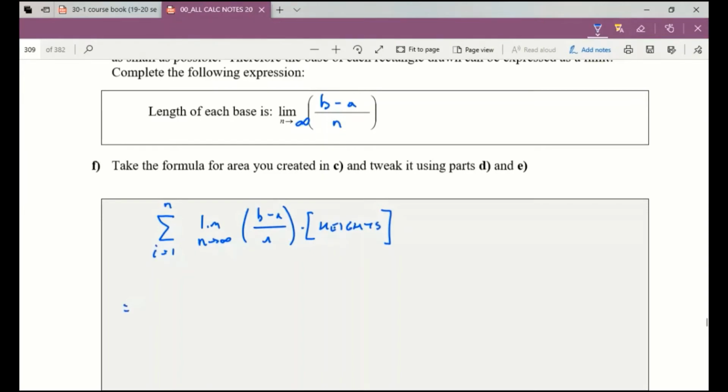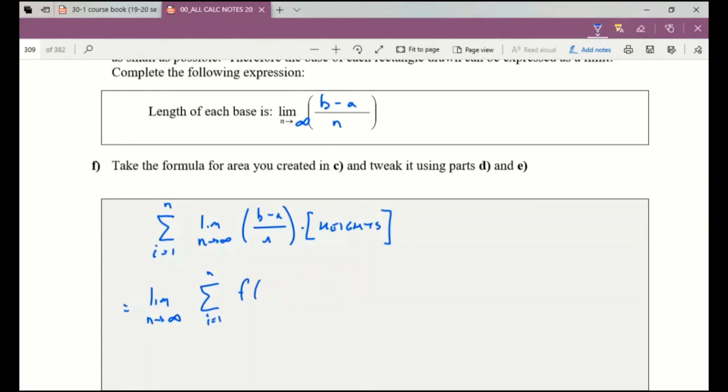And as we start to formalize this, let's bring that limit outside of the summation. And we're going to take the limit as n goes to infinity of the summation as i goes from 1 to n of the heights.